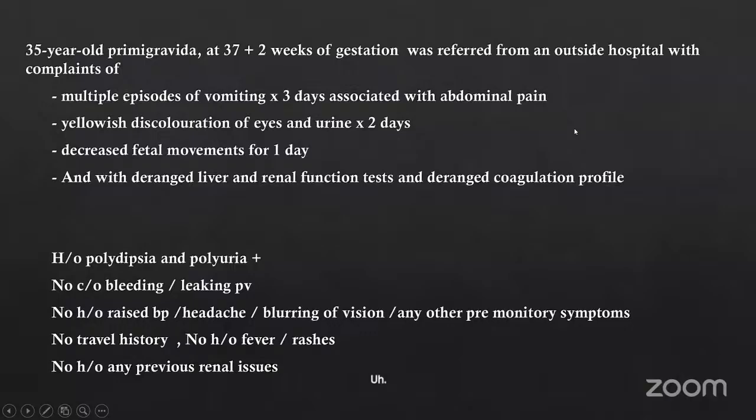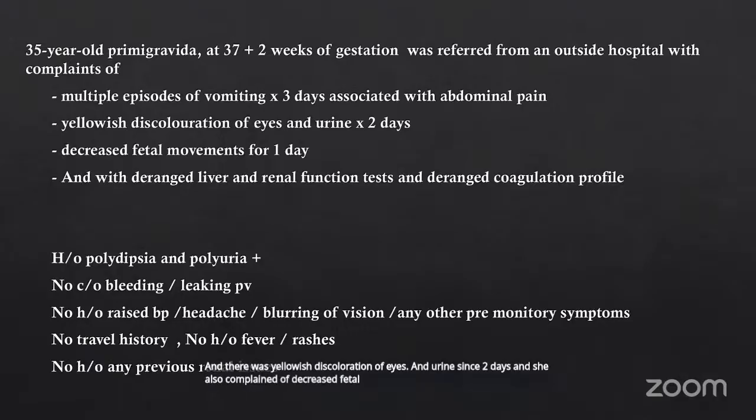So the chief complaints: a 35-year-old female, primary gravida at 37 plus 2 weeks of gestation, was referred from an outside hospital with complaints of multiple episodes of vomiting since 3 days, associated with abdominal pain, and yellowish discoloration of eyes and urine since 2 days. She also complained of decreased fetal movements for the past 1 day.